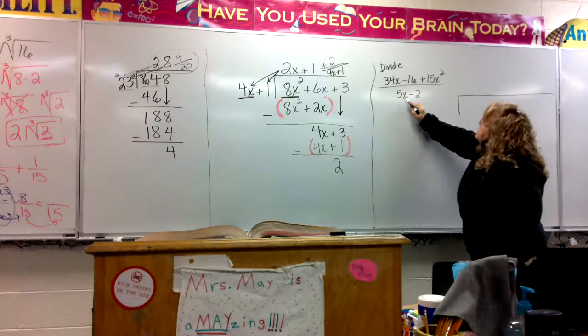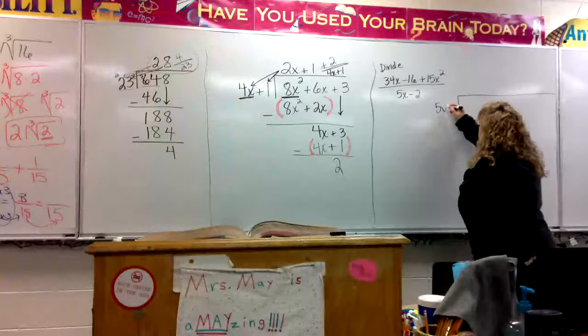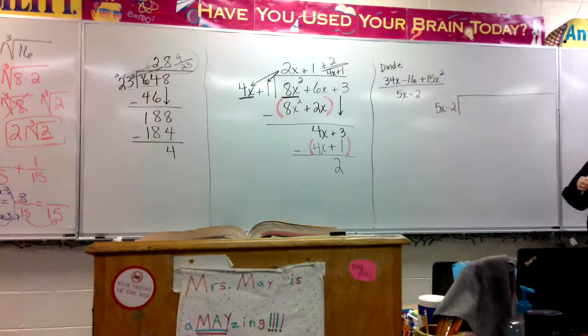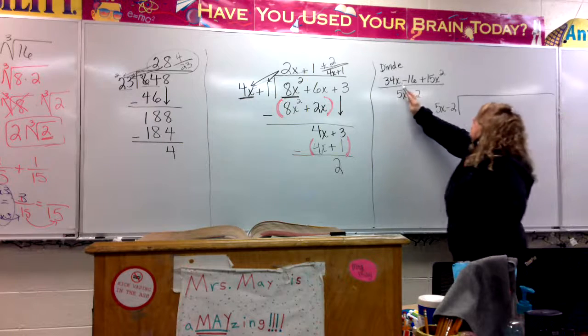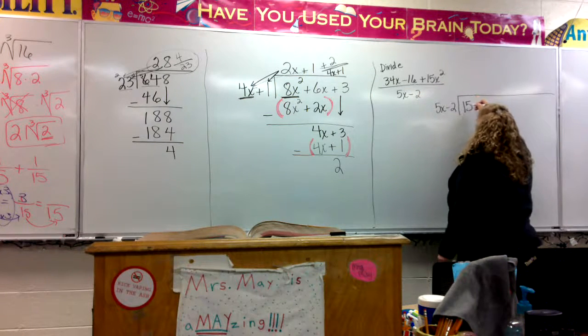So this one is already in order. X to the first, x to the 0. So that one's going to go out here. The top one goes inside, but remember we said they have to go in order? In order. So which one of these is going to go first? 15x to the second.